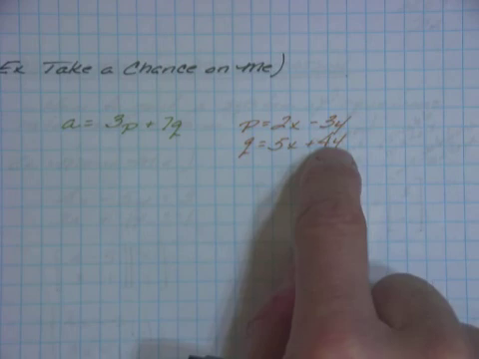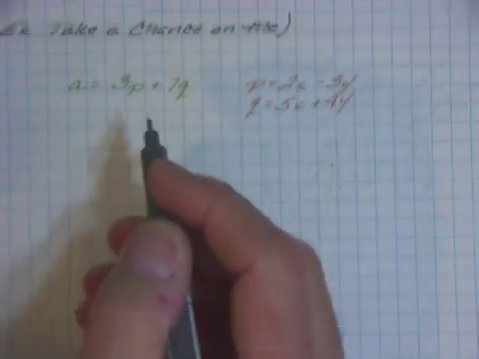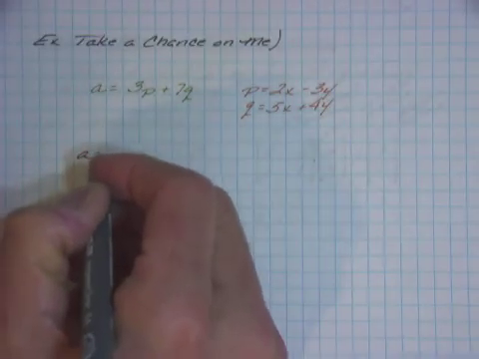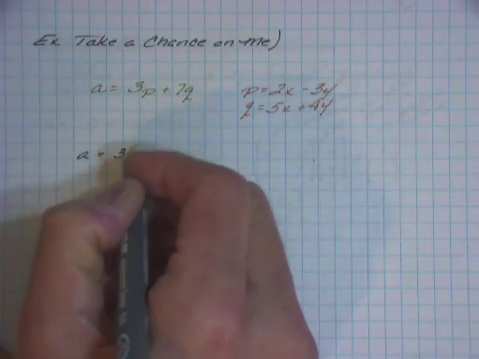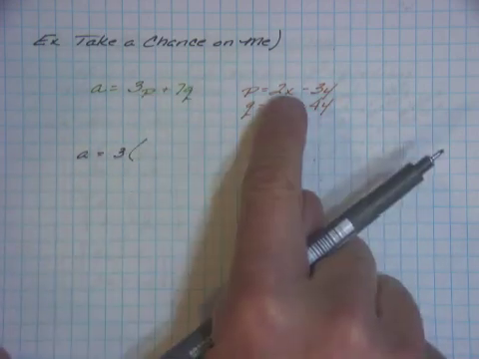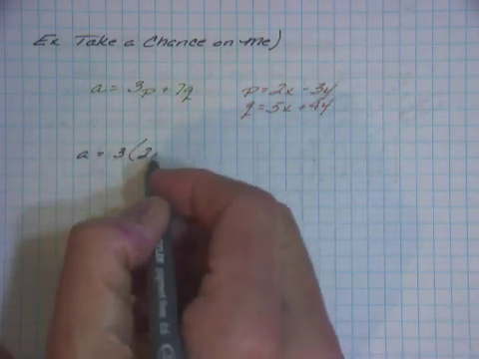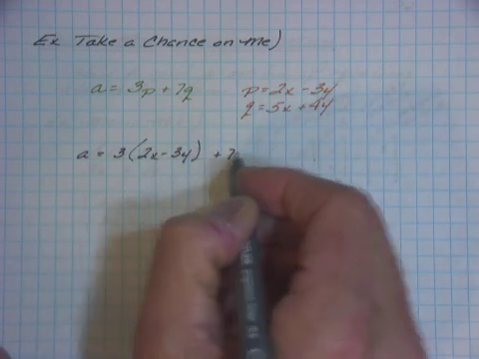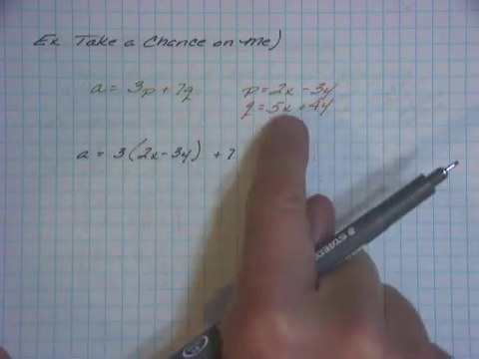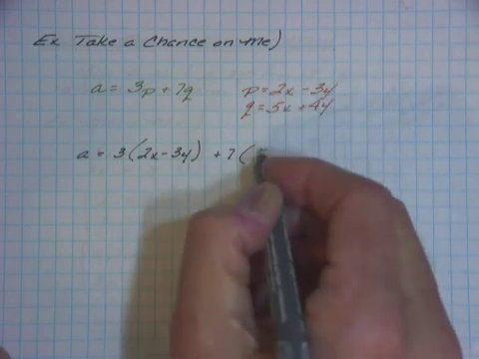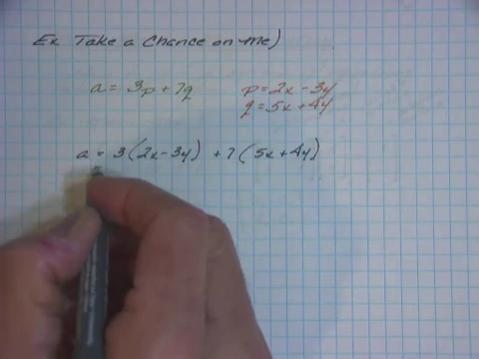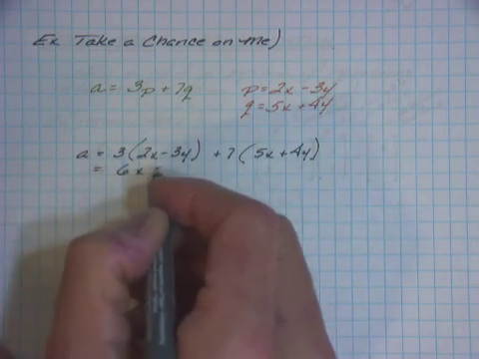So really what I'm doing is substituting in for P 2x minus 3y and substituting in for Q 5x plus 4y. I'm not going to color code this because that just got too complicated last time. So I've got A equals 3 times, instead of P, 2x minus 3y, plus 7 times, instead of Q, 5x plus 4y.